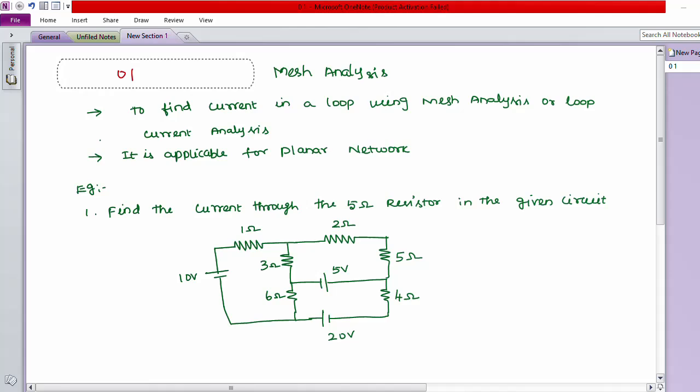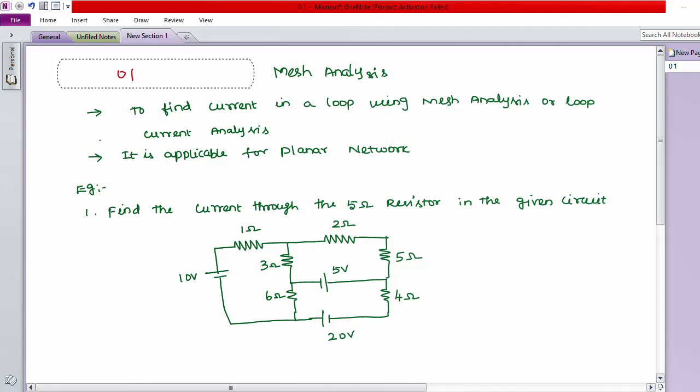Apply KVL and Ohm's law to write the mesh equations in terms of unknown currents. Step 4. Check whether the number of equations and the number of unknowns are the same. Step 5. Determine the current in each loop by solving the network equations using Cramer's rule.